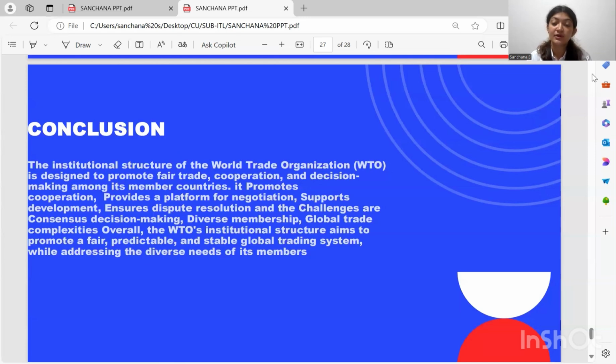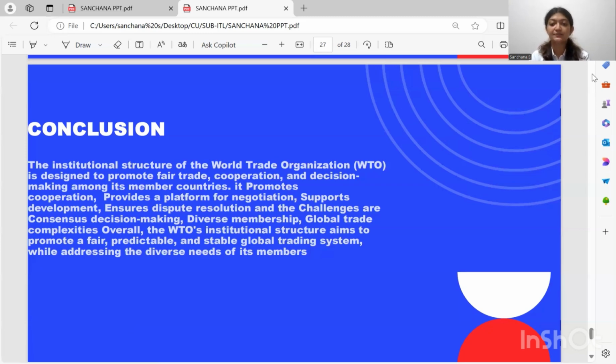Hence, the institutional structure of the WTO ensures dispute settlement and challenges are taken care of, and consensus decision making, diverse membership and global trade complexities overall are taken care of by the institutional structure, which is the councils and the committees. The WTO's institutional structure aims to promote a fair, predictable, and stable global trade system while addressing the diverse needs of its members. Thank you.